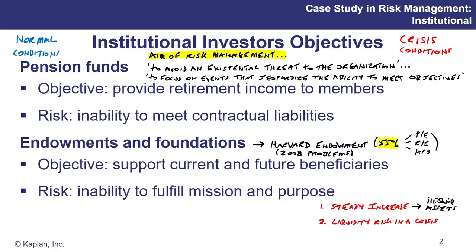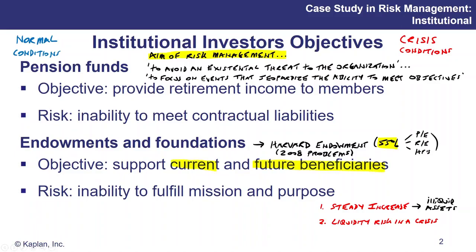Again, one of the main ideas is that endowments and foundations need to get high real returns, particularly for those future beneficiaries. They're perpetual organizations, very much looking to take on that risk to get those real returns. However, if you are an endowment or a foundation, you have to be fair to both the current and future beneficiaries.